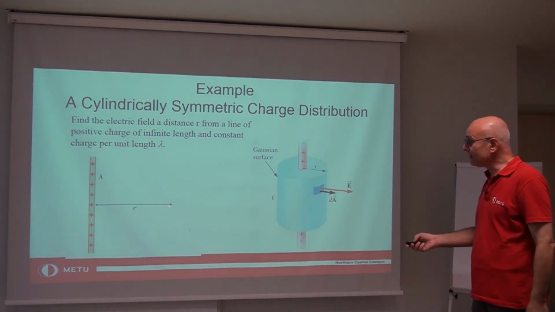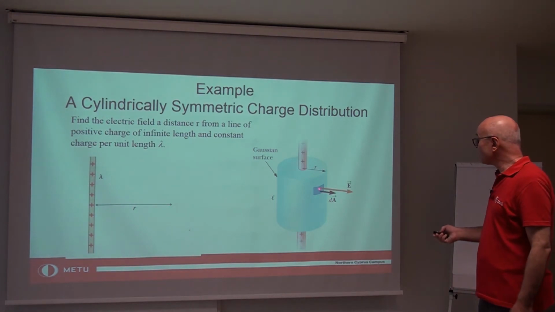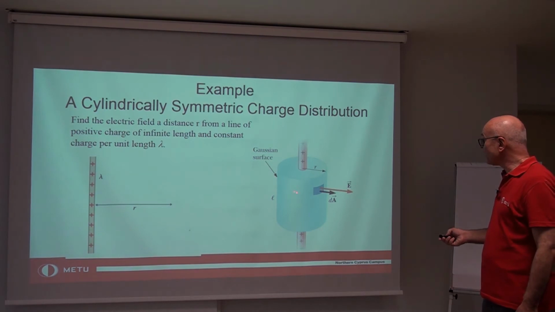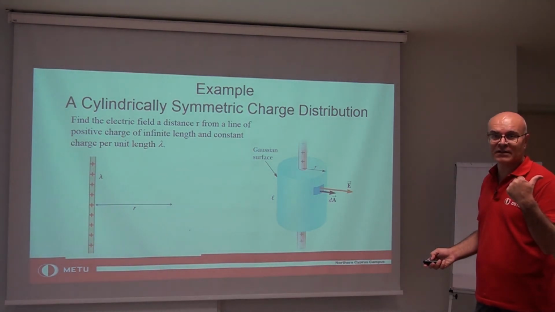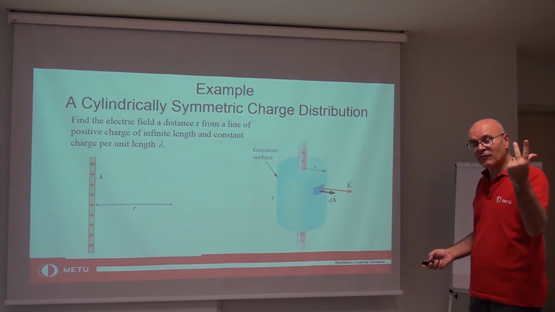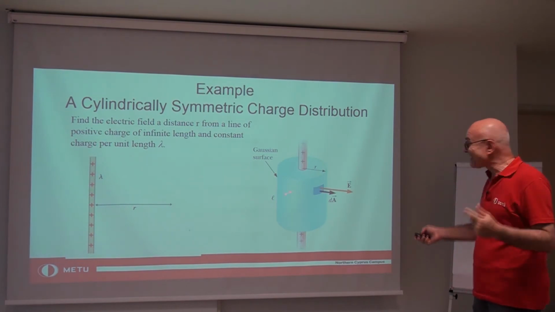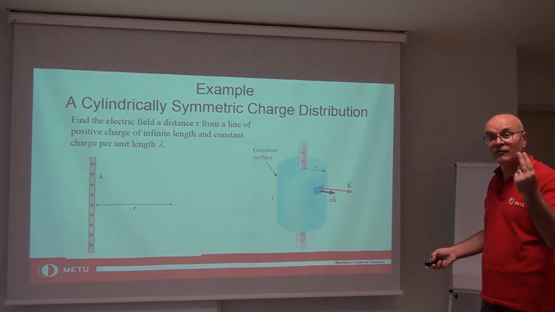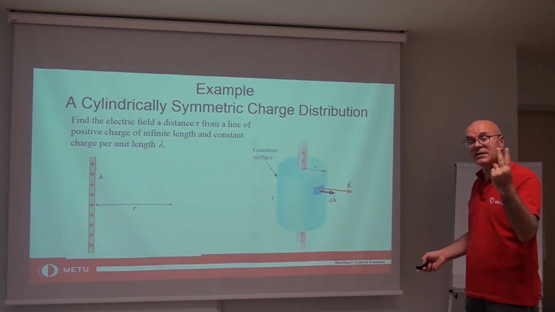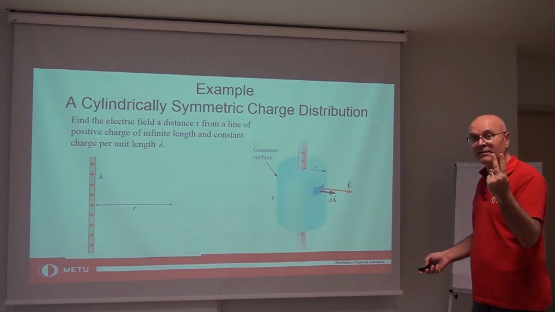And we have seen that it has a component that is away from the wire. So the electric field at all points here is normal to the surface of the cylinder. So we have fulfilled the two requirements of a Gaussian surface.